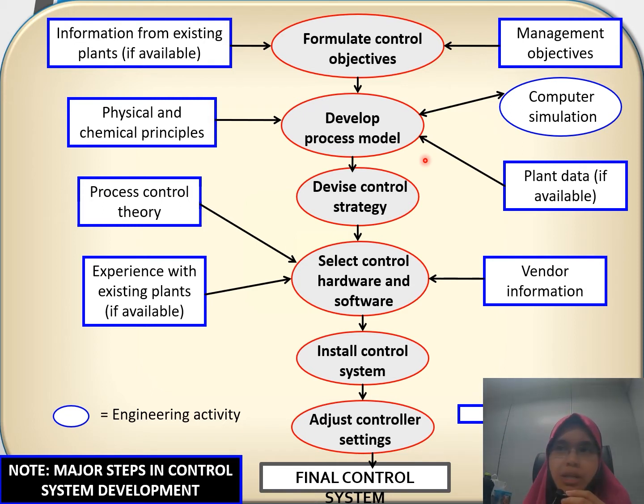Okay, for me it's enough if you can formulate your control objective, if you can identify all your variable correctly. That is good enough for me. I don't ask you more than that. So please identify properly your control variable, manipulated variable, disturbance variable.